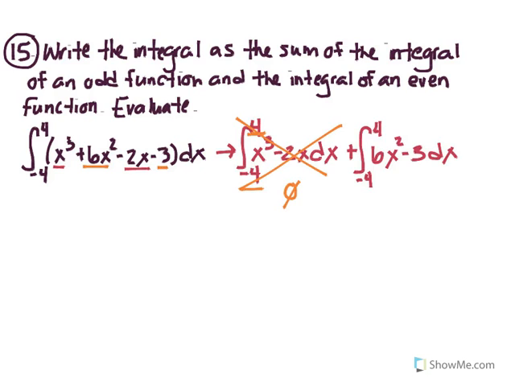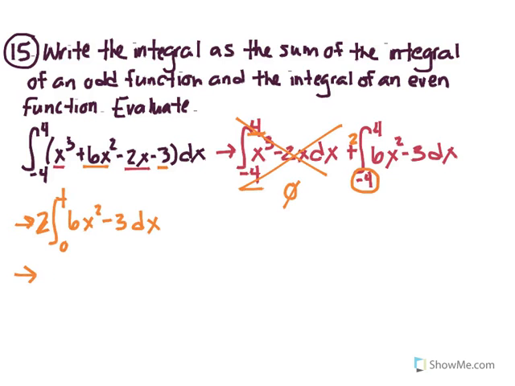There we go. We are going to change this lower bound to 0 and put a 2 on the outside of our integral instead. So let's do that. So we're going to do 2 and then the integral from 0 to 4 of 6x squared minus 3 dx.